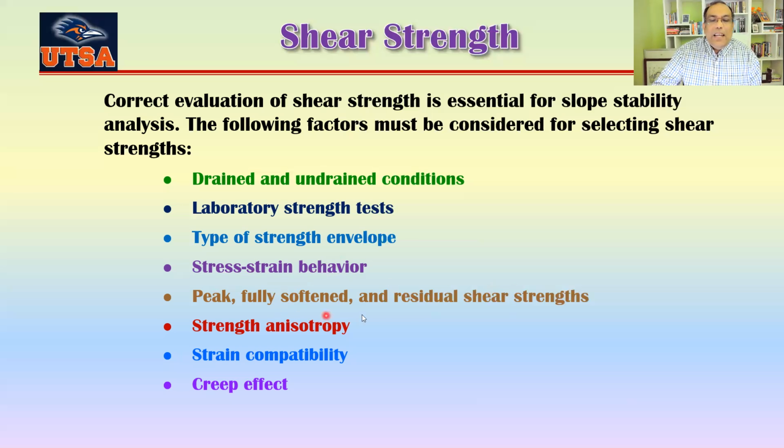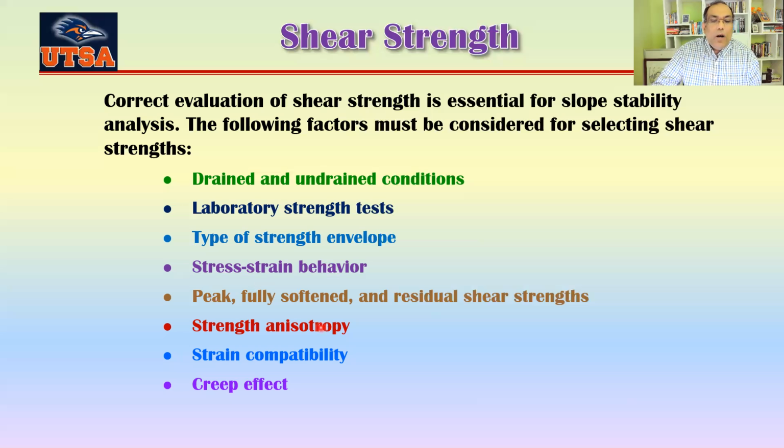As I said in our other video, usually for long-term performance we try to use the fully softened strength if this is a clay material. And for short term, maybe the peak strength would be fine.